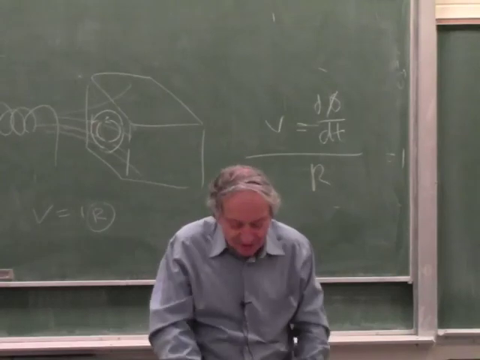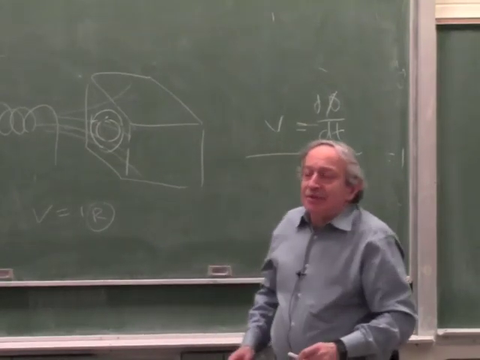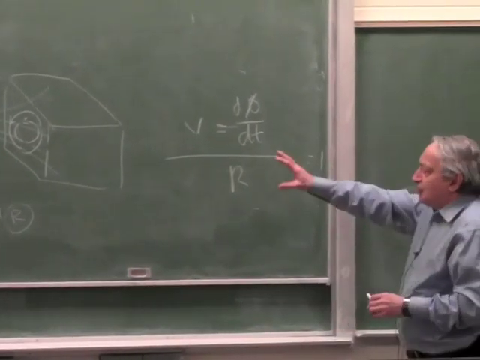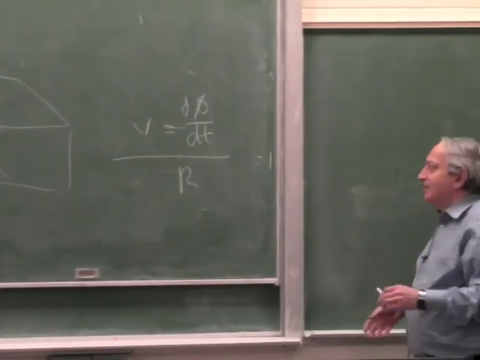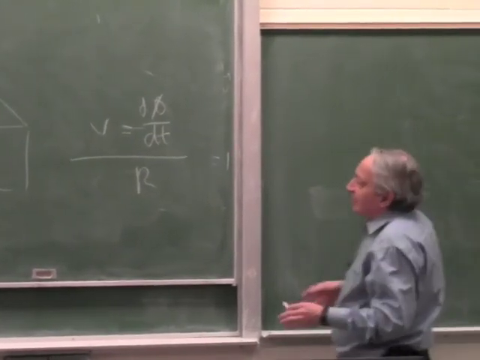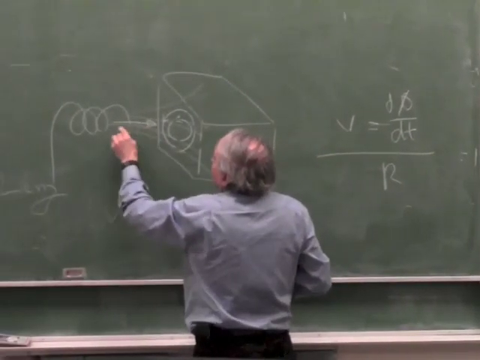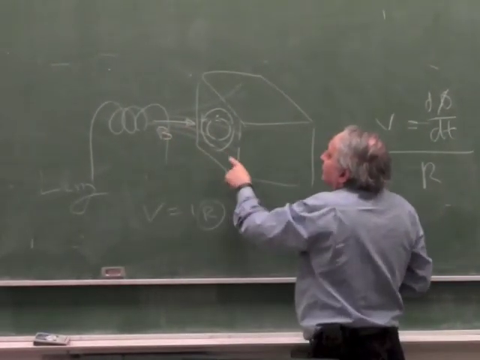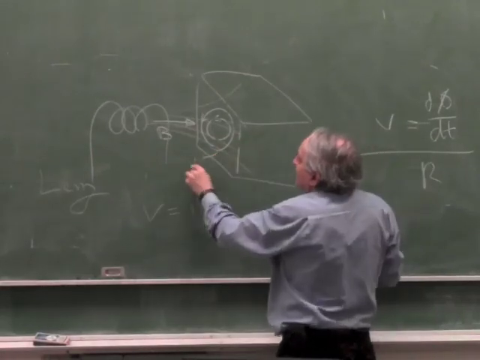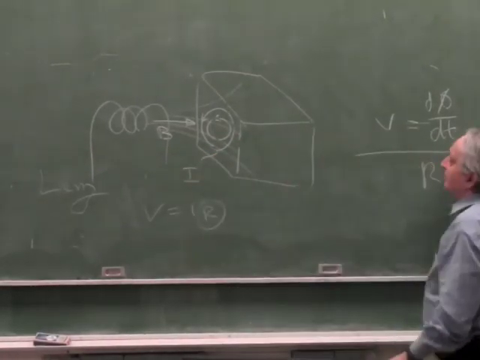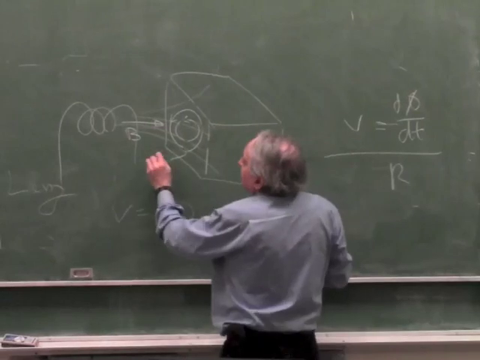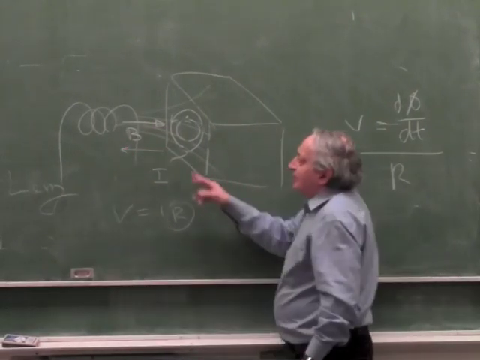So that's Lenz's law. Another way to explain why shielding is not perfect is to look at Lenz's law, and say there is a field B. The field B will induce a current I, but the current I will try to create an opposite field B to cancel this out.